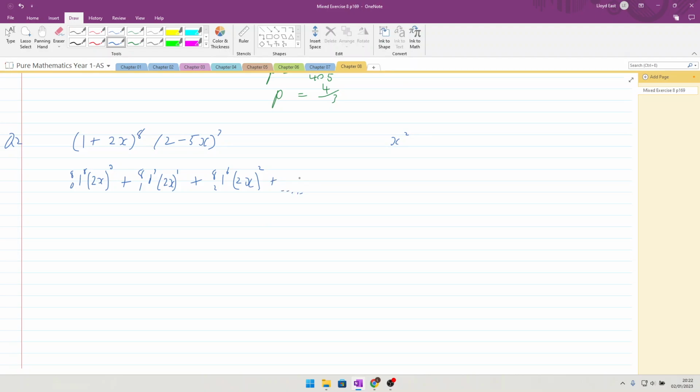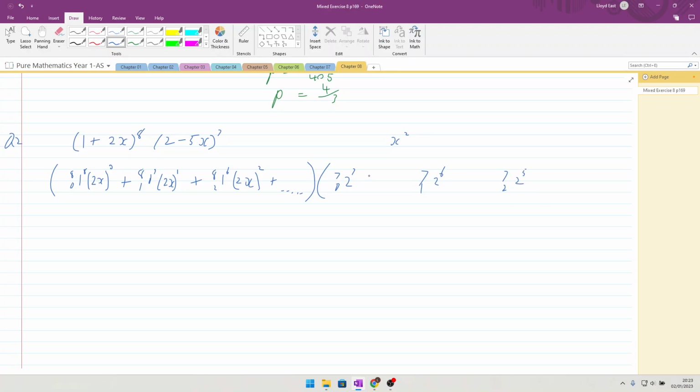And some other bits and pieces. And all of that is going to be multiplying 7 to the 0, 7 to the 1, and 7 to the 2. And that is going to be multiplying by 2 to the power 7, 2 to the power 6, and 2 to the power 5.